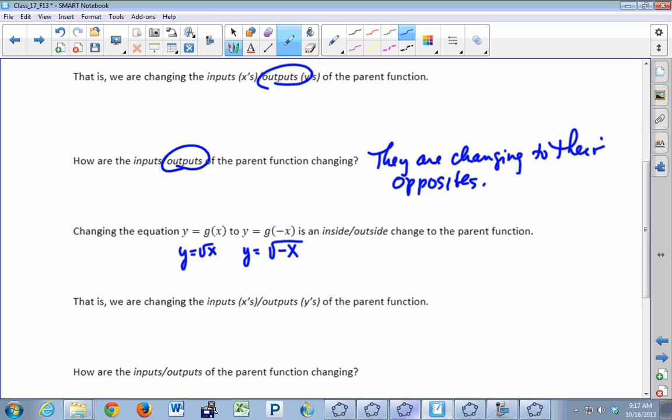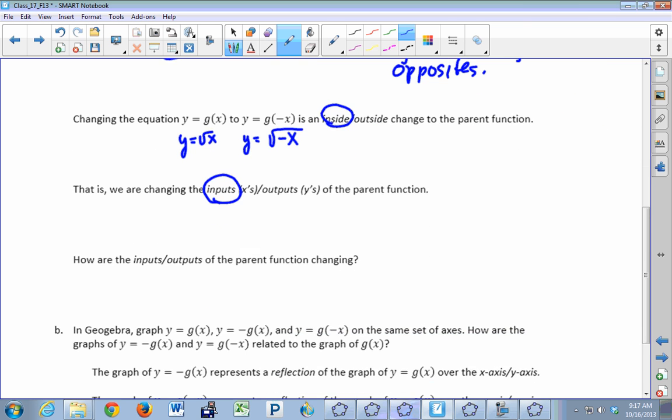I can if x is what kind of number? Negative number. So if I change the domain, I'm okay, right? If x is 0 to -infinity, I'm all set, right? I can take the square root of that. So I'm changing the inside of the function. I'm going to affect the inputs.